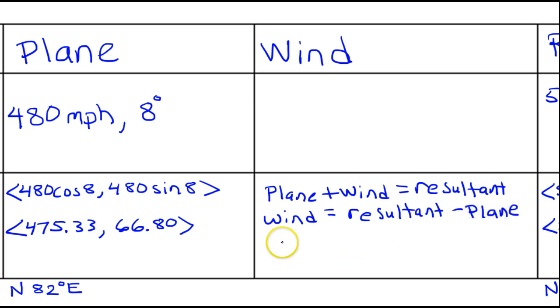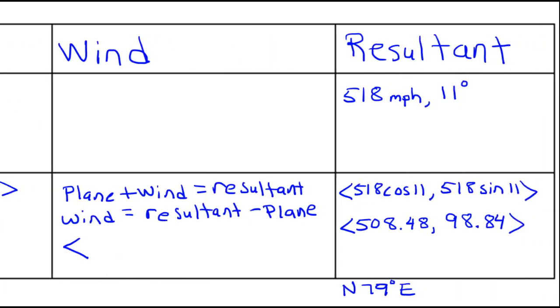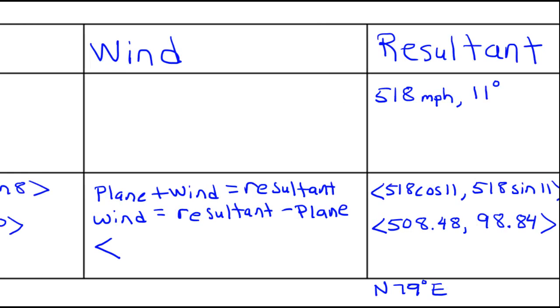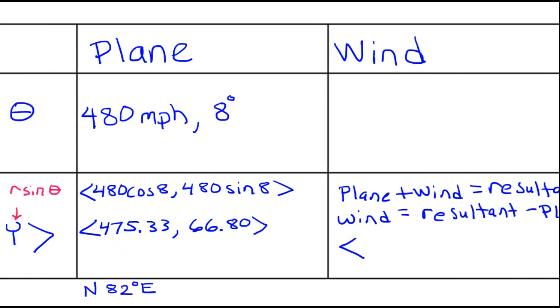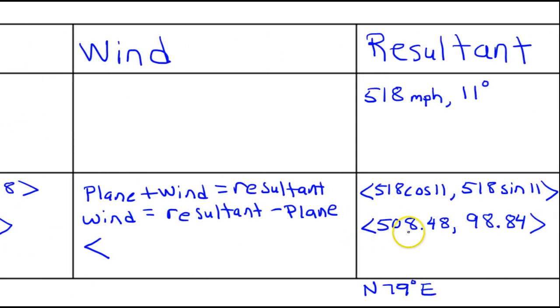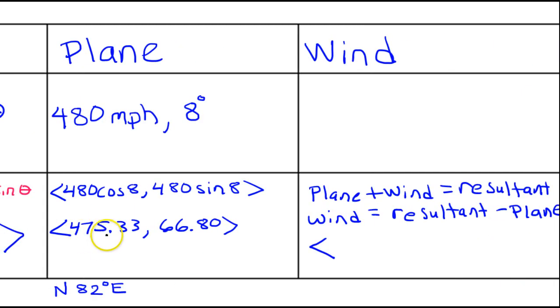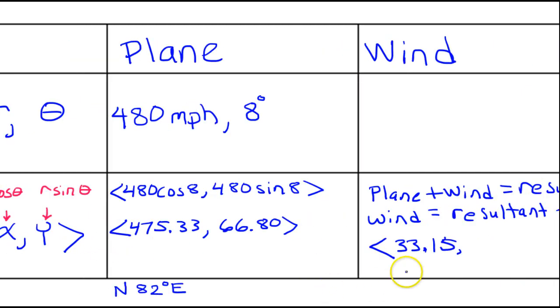So that's what we're going to do to find the component form for the wind. We're going to take the resultant and subtract the plane. So I'm about to do 508.48 minus 475.33. That gives me 33.15 for the horizontal component of the wind velocity.